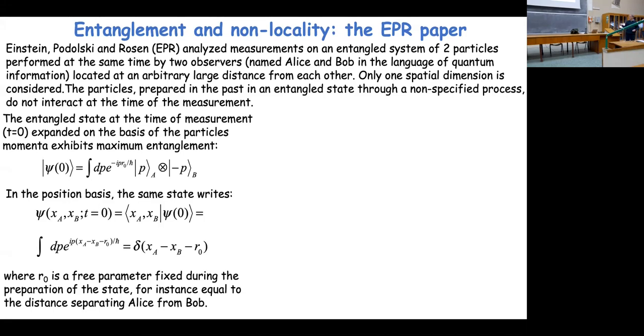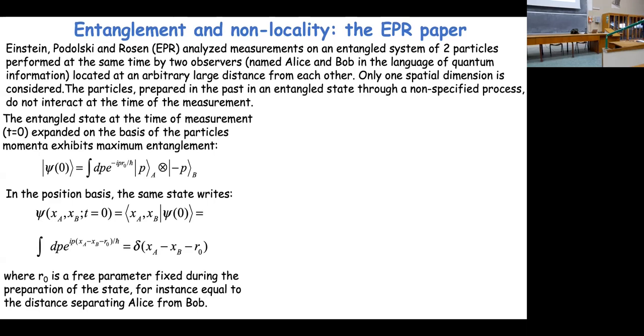If one particle has momentum p, the other one has momentum minus p. So the 2 particles go with the same velocity in opposite directions. But we don't know what this common velocity, this common momentum, is. So you have a superposition of all possible p values, and you take the superposition of all these states. So this is a highly entangled state.